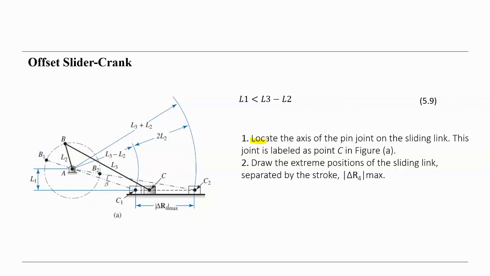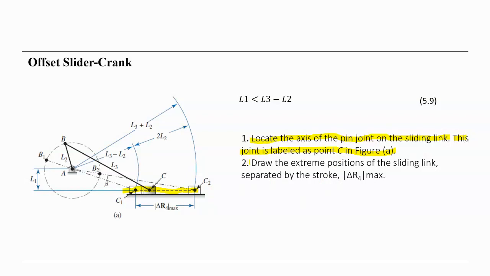First, locate the axis of the pin joint on the sliding link. This sliding axis, this joint, is labeled as point C in figure A.